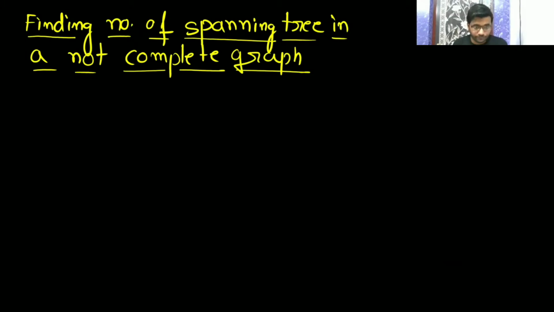Okay. So if it is a complete graph, then you have a formula n to the power n minus 2. You can get the total number of spanning trees. But if it is not a complete graph, then how to find?